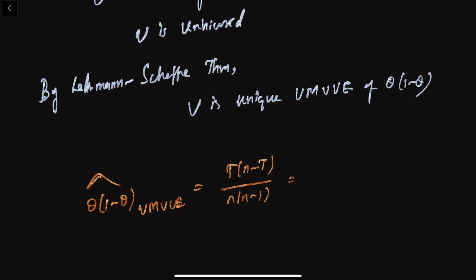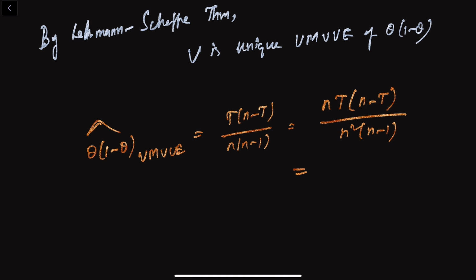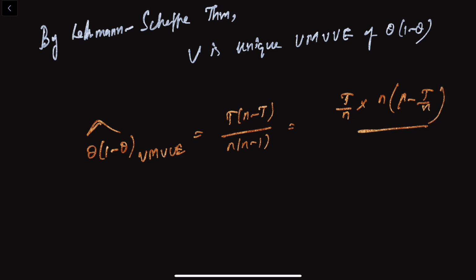I can also write the same as T by n into 1 minus T by n, multiplied by n by n minus 1, that is n by n minus 1 into x bar into 1 minus x bar.